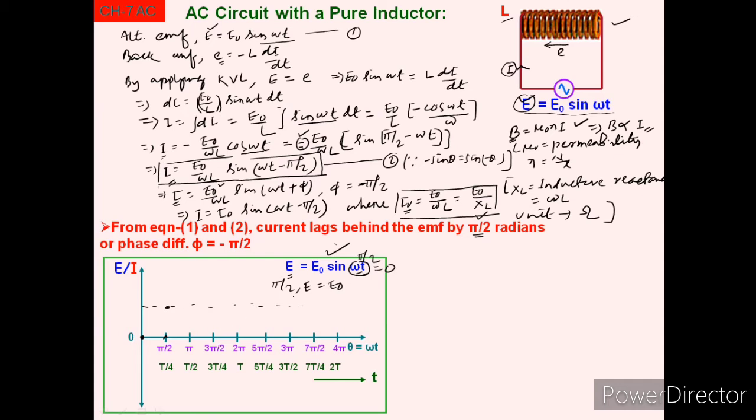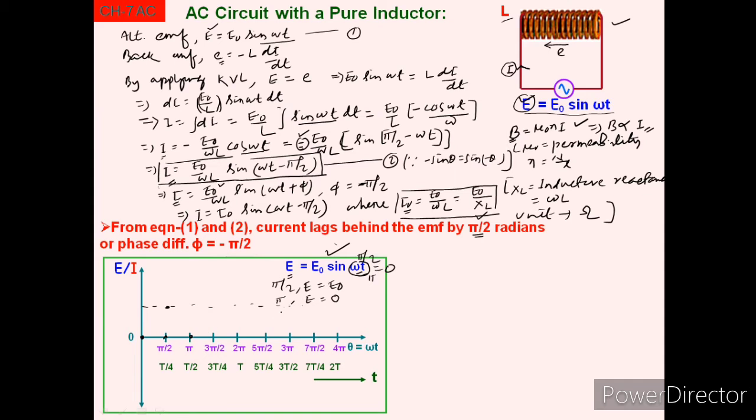Then when you take the phase angle to be pi, then E is E naught sin pi, and sin pi is 0, so the EMF will take the value 0 at pi.